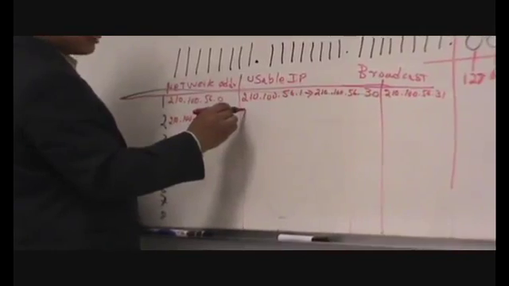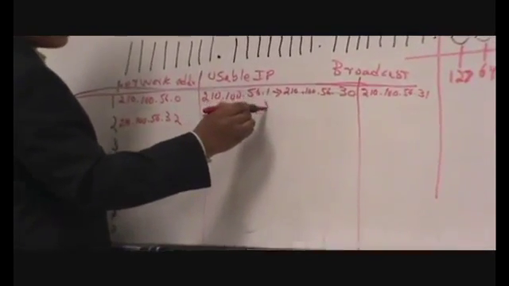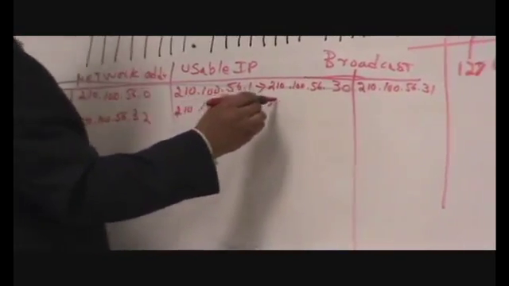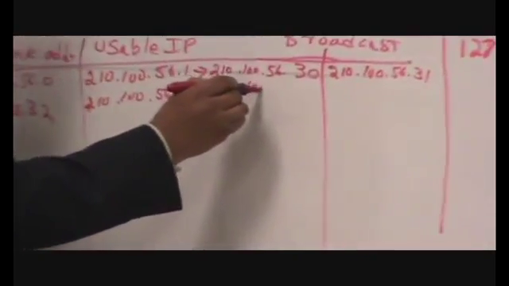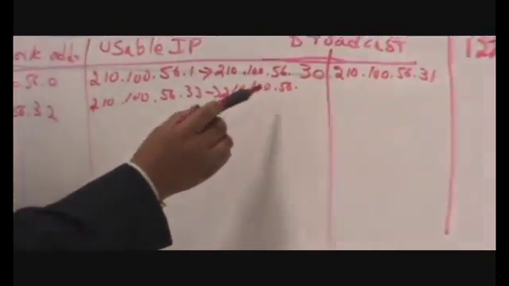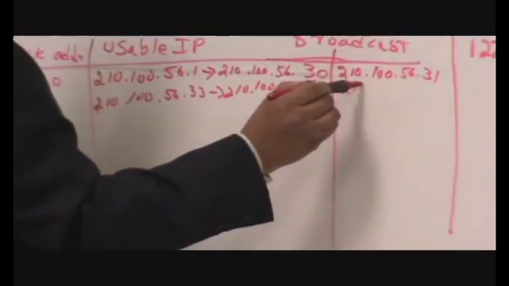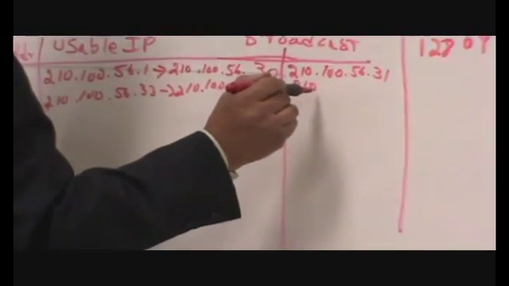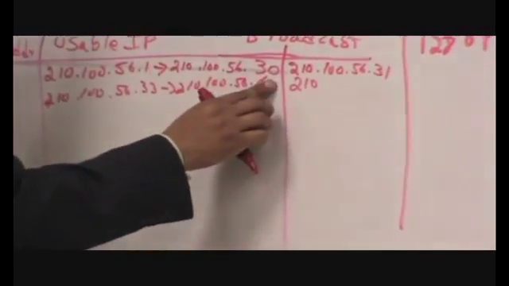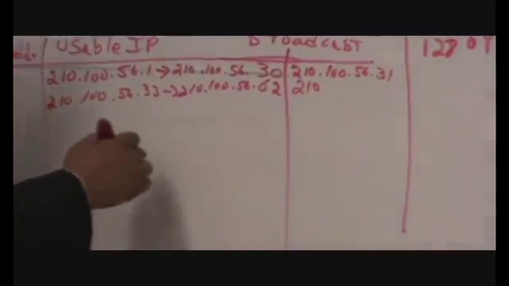And my first usable address is going to be 210.100.56.33. And my last usable address is going to be 210.100.56.60. And my broadcast is going to be, that's going to be 62, if I'm not mistaken, right?